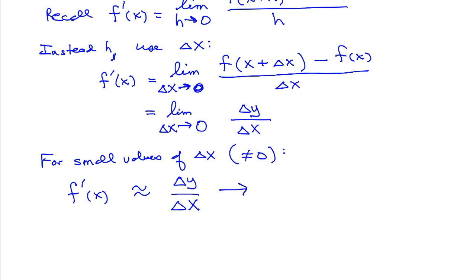From this approximate equation, I can get the following. I'm going to cross multiply by delta x and solve for delta y. So delta y is equal to f prime of x times delta x. And I shouldn't say equals, I'll say approximately equal.